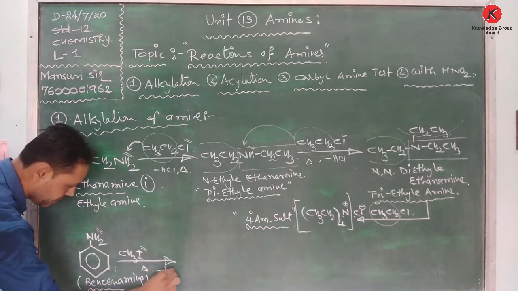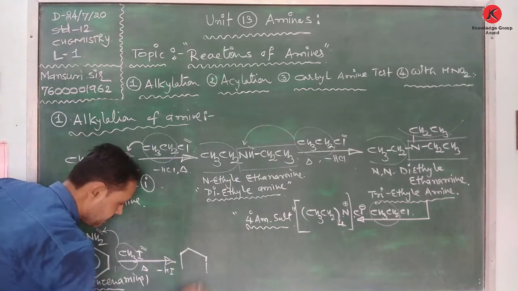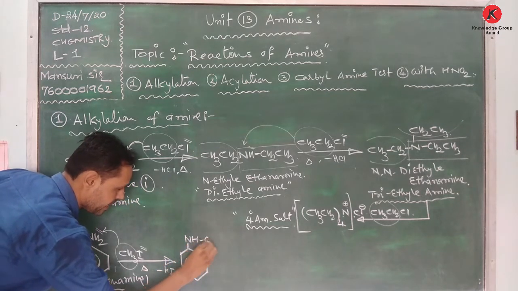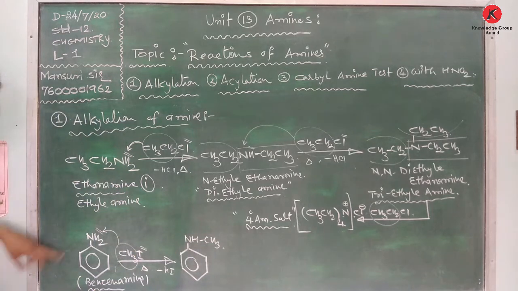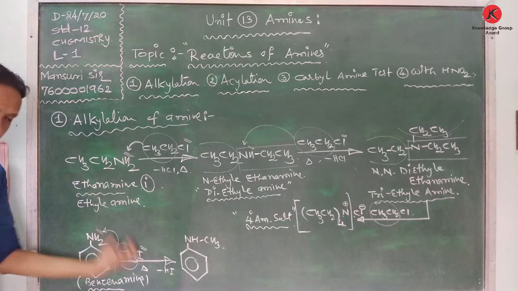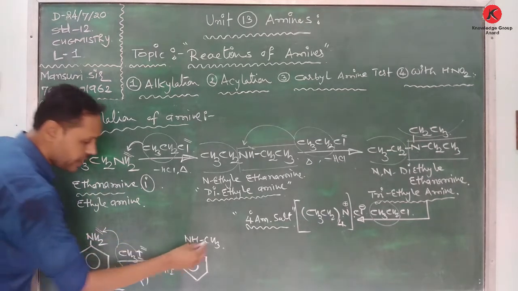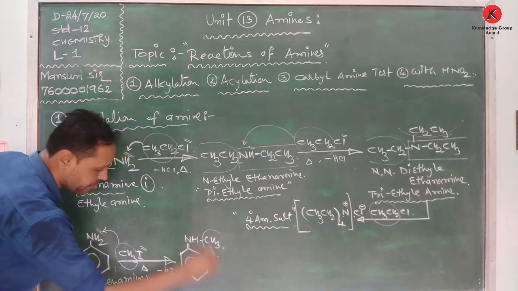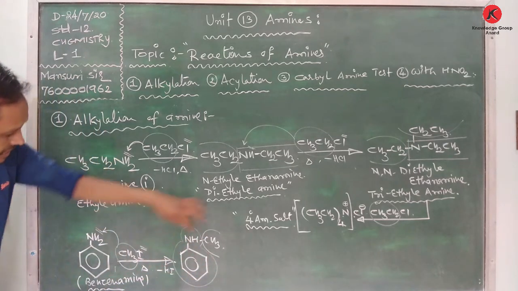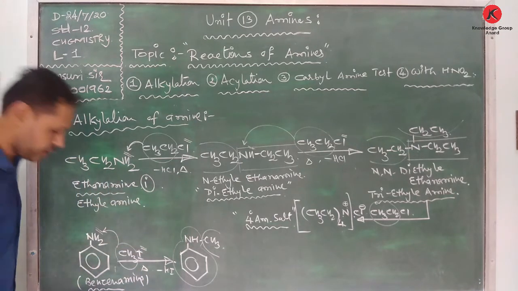Hydrogen iodide will be removed and this methyl will be attached to this nitrogen. That is why N-methyl benzeneamine, or methyl aniline, is obtained.